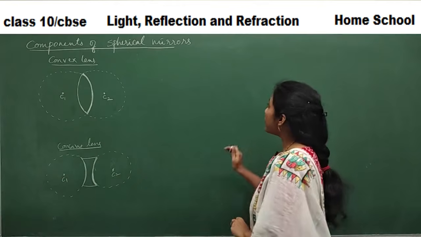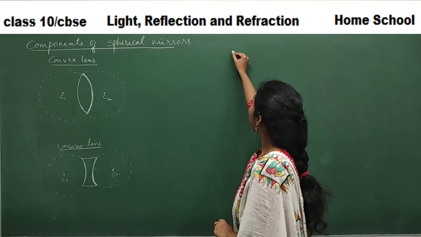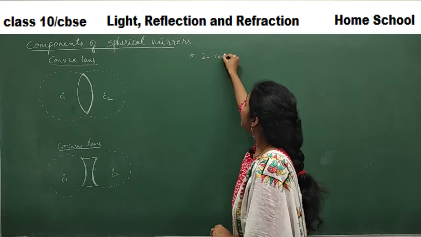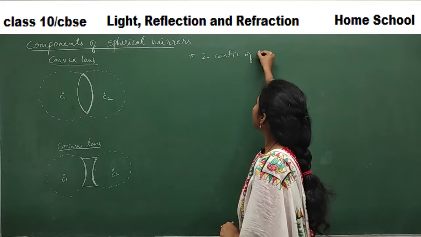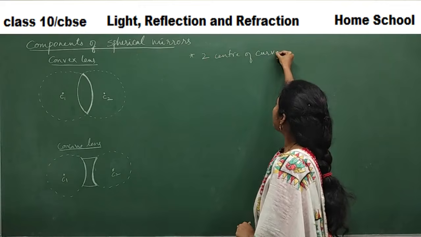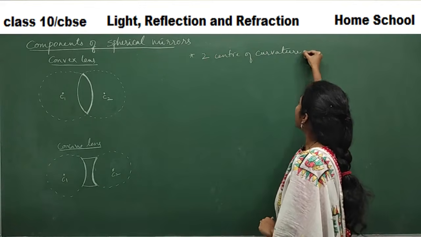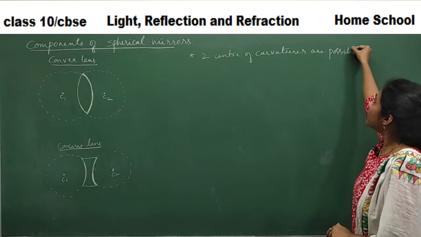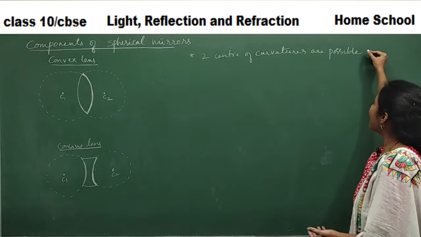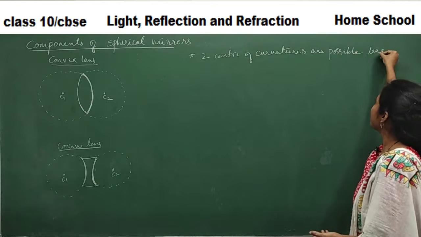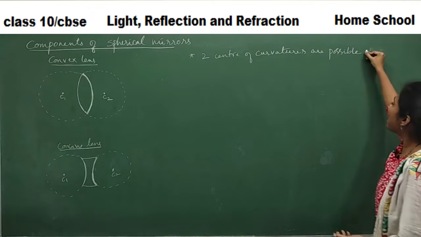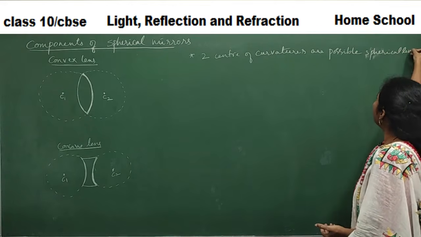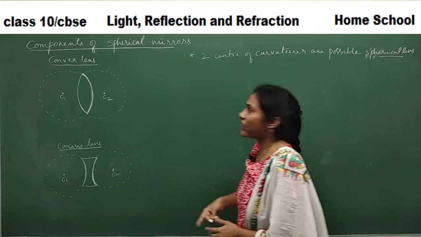Clear? So the first point that I will write is, two centers of curvature are possible for both concave as well as convex lenses, that is, for spherical lenses. What do you mean by center of curvature?